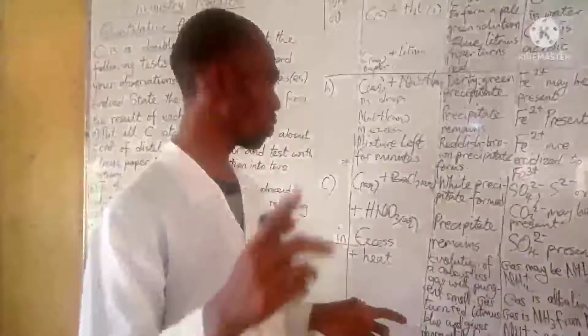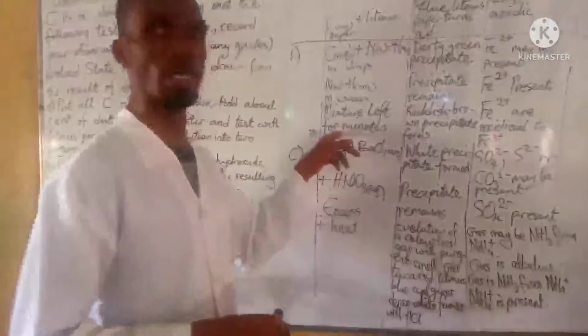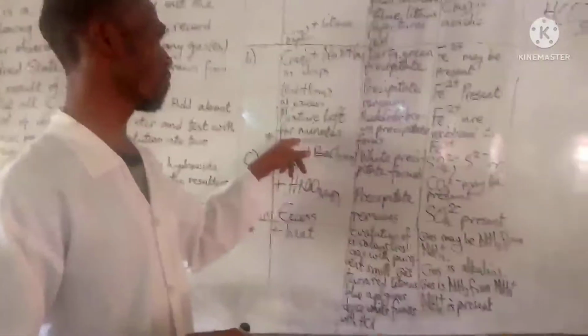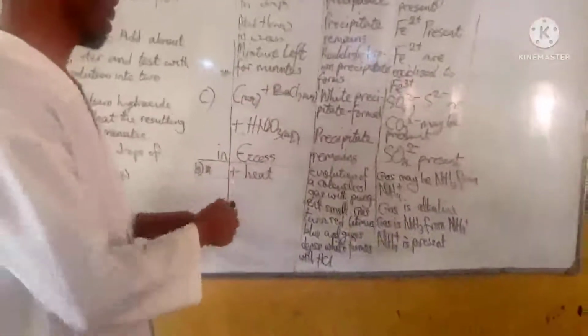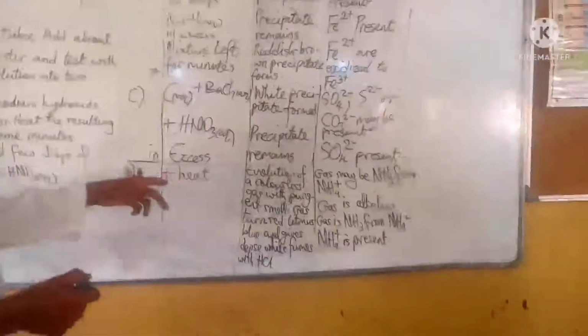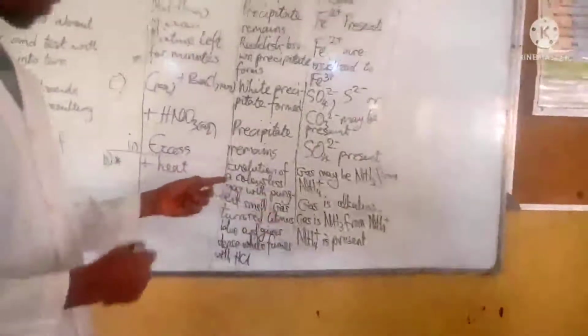So we actually omitted something here. We omitted the observation and inferences when we heated it. Okay? Yes. So when we heated it, we observed evolution of a colorless gas which has pungent smell.